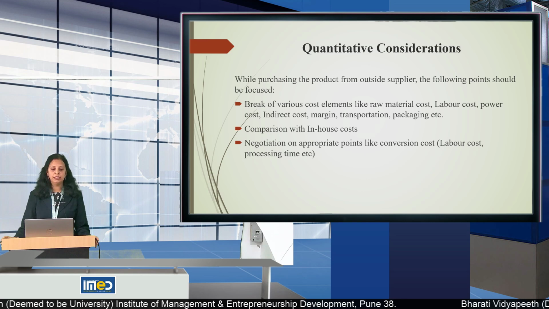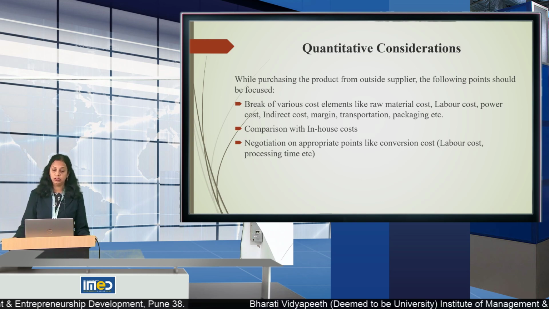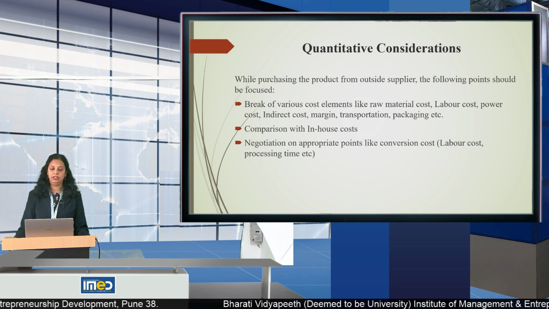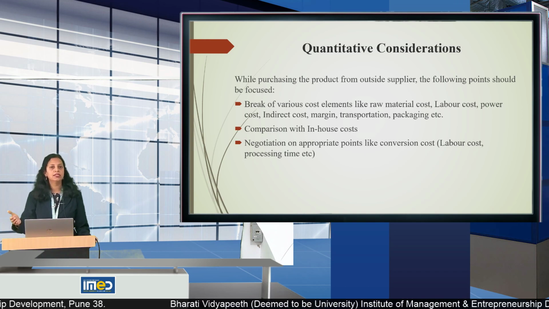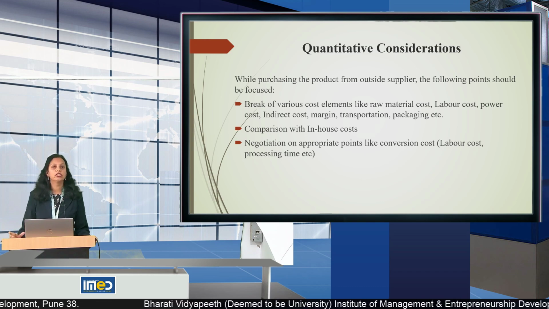While purchasing the product from an outside supplier, what points should be focused on? First, the breakup of various cost elements like raw material, labor, power cost, indirect costs, margin, transportation cost, packaging, etc. Now, you will have a question: how will the supplier share their cost breakup?